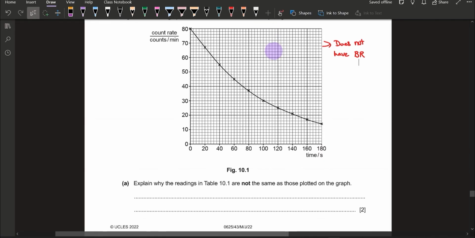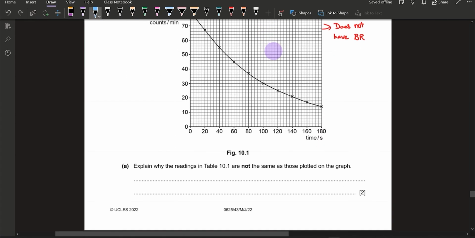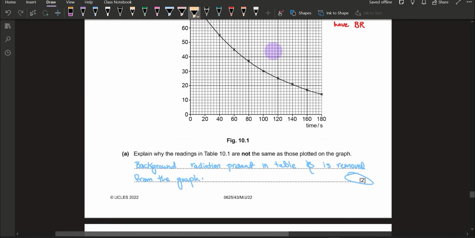We can write it here as well: background radiation is present in the table and background radiation is removed in the graph. And we'll get 2 marks for this. First mark is for stating that the background radiation is present in the table, and second mark for stating that the background radiation is removed from the graph.